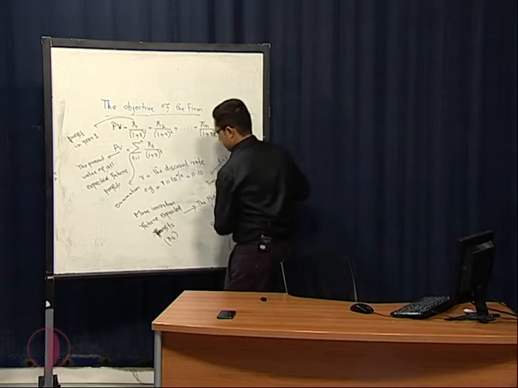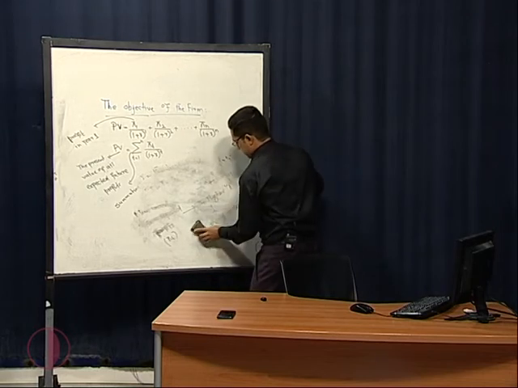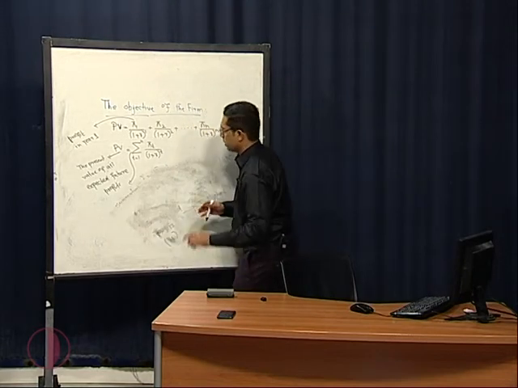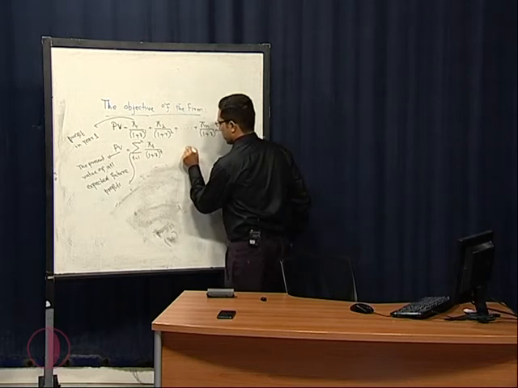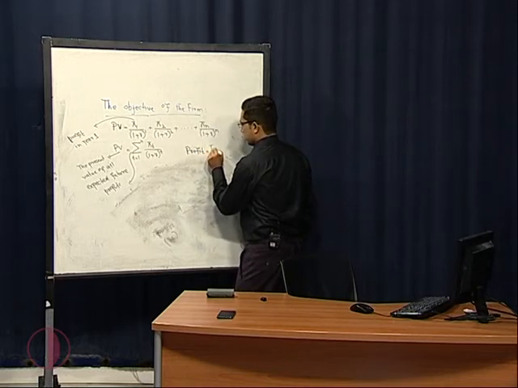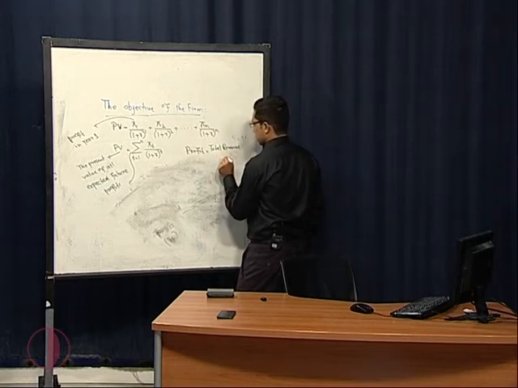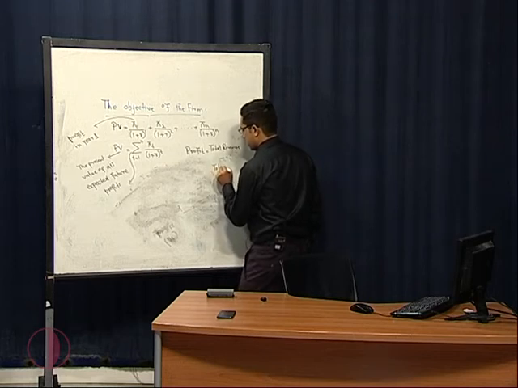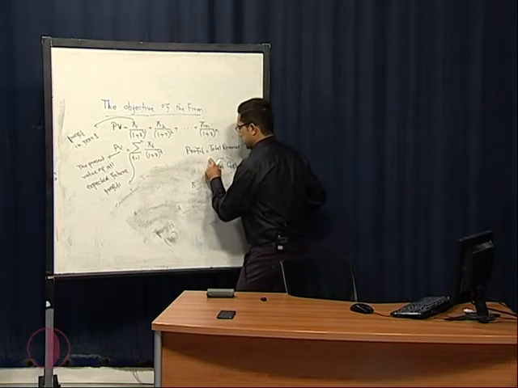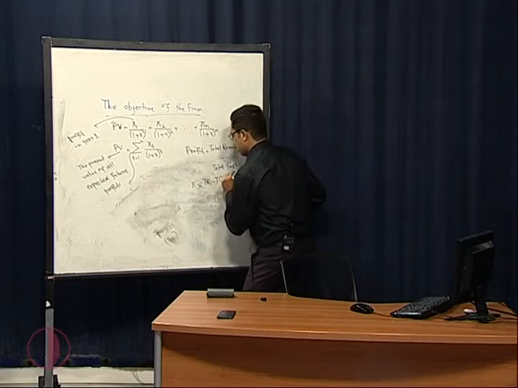We can also write this expression in order to better understand it. As we know, profit is equal to total revenue minus total cost. Symbolically, I can write this expression like this: profit equals total revenue minus total cost.